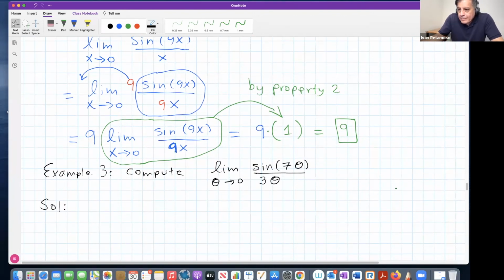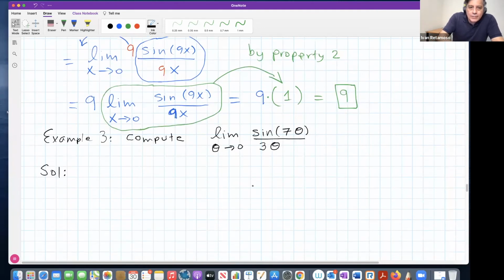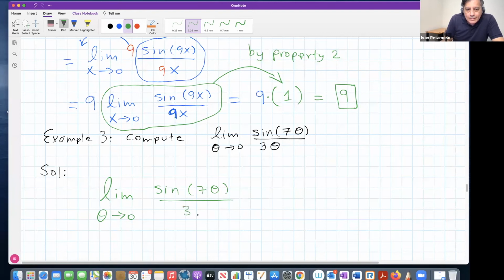Suppose you have this situation, example 3. Compute the limit as theta approaches 0 of the sine of 7 theta over 3 theta.